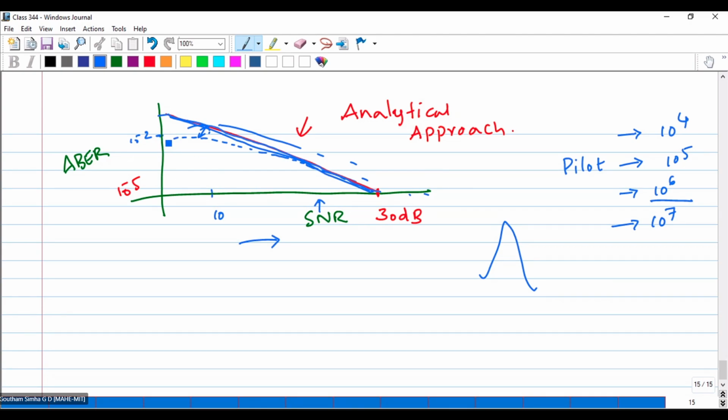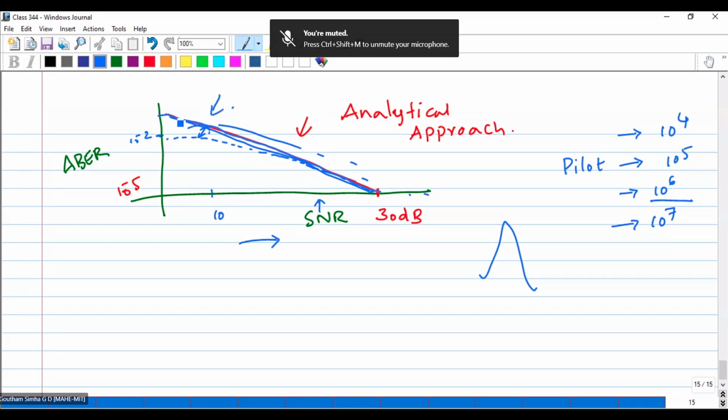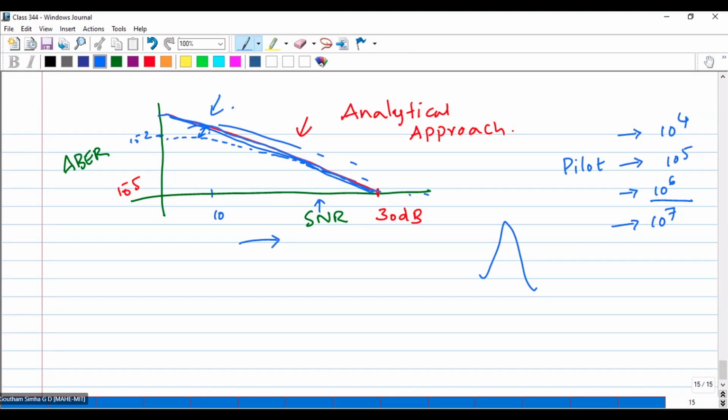If you get better results than that with Monte Carlo simulation, it's absolutely fine. But if your Monte Carlo results go out of this red line, then the analytical approach you have done may have to be reconfigured.